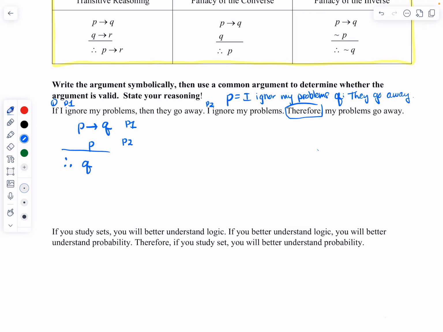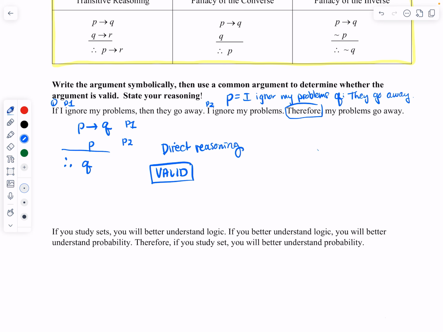If I look at the table, I see that direct reasoning says premise 1 is if P then Q, the conditional. Premise 2 is P, and the conclusion is Q. So this is direct reasoning. And since it's direct reasoning, this argument is valid.